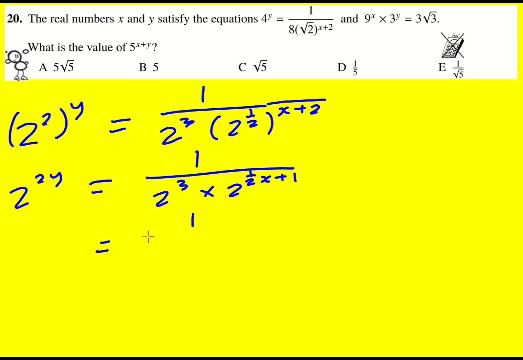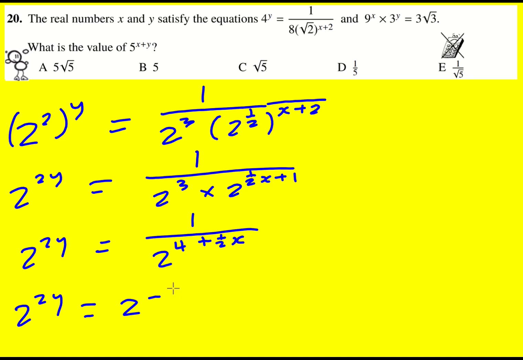That's going to become 1 over 2 to the, I add the powers, so 4 plus the half x, and therefore 2 to the 2y is equal to 2 to the minus 4 plus a half x. And from this, we can write down that 2y is equal to minus 4 minus a half x. And I'll just park that for the moment, but that will be useful in a minute.